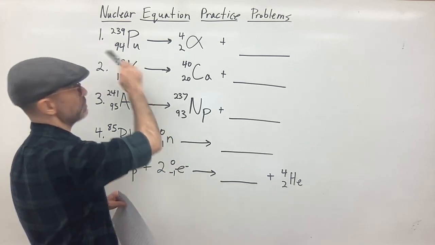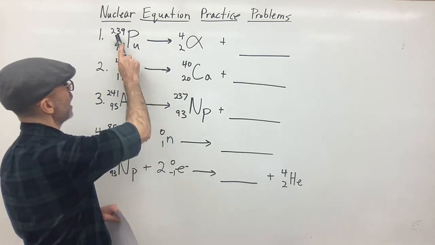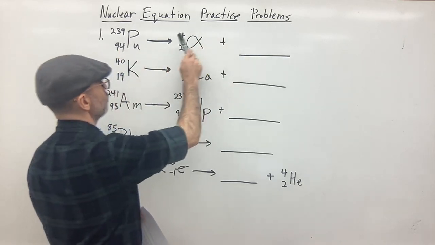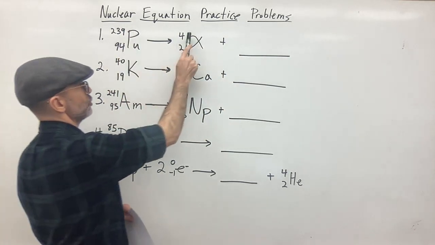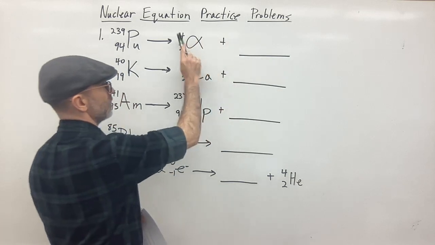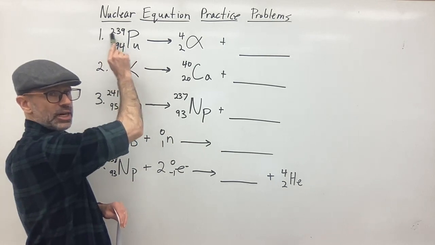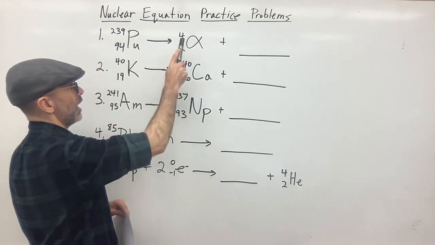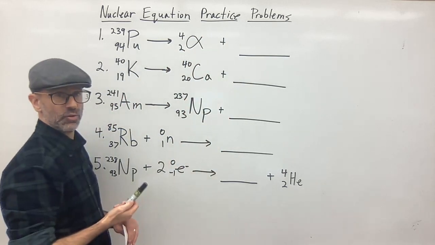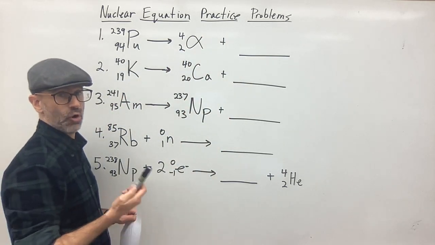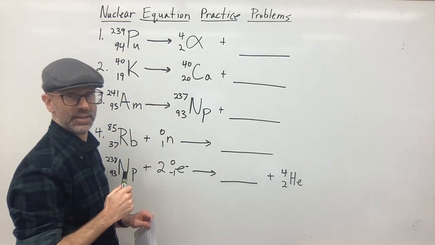So what you need to do is balance the top numbers and balance the bottom numbers so that the top numbers are equal on both sides. So the total number on this side of the arrow should equal the total number on this side of the arrow. So I have 239 over here, and I have 4. Well, 4 plus what number is going to give me 239? So I can subtract 4 from 239 to get that number.